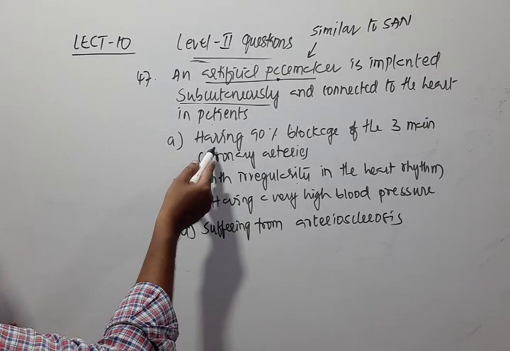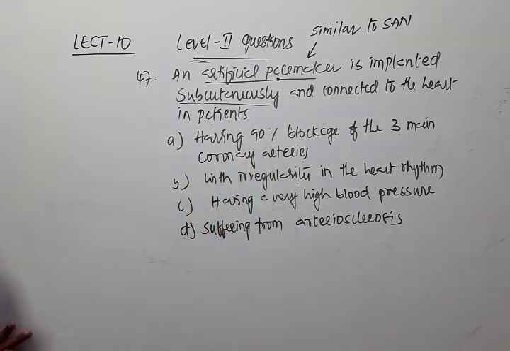Coming to the first option, having 90% blockage of three main coronary arteries which supply blood to the wall of the heart. If blockage of the coronary arteries takes place, it results in a heart attack, because blood is not properly supplied to the heart wall and there will be a deficiency of oxygen.